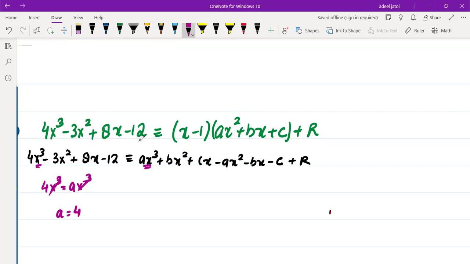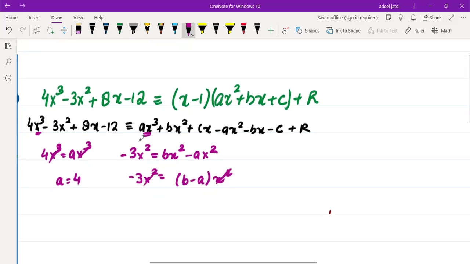Similarly, for x squared, minus 3x squared can be compared to bx squared and minus ax squared. So minus 3 equals b minus a, and x squared is cancelled.